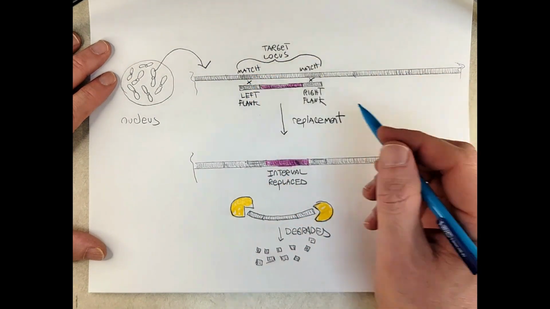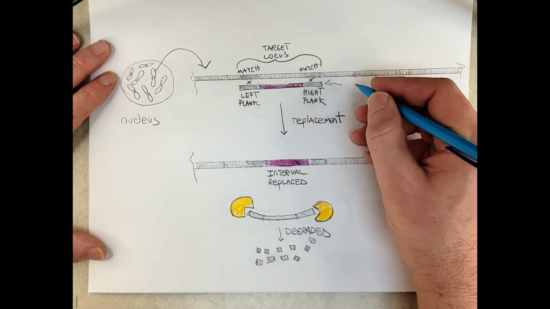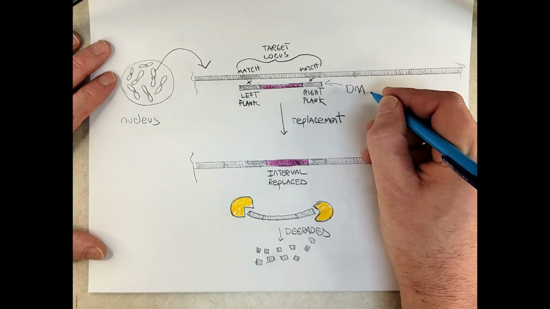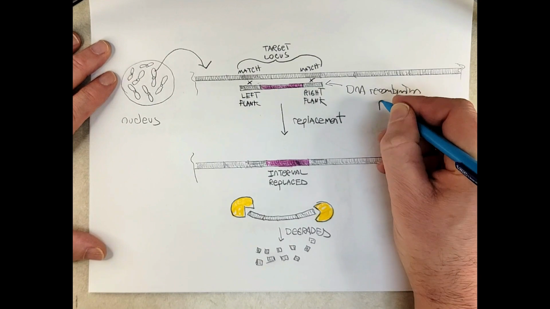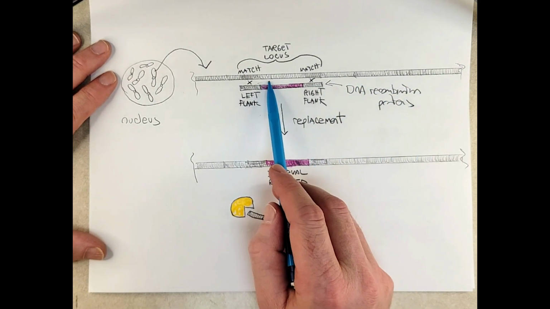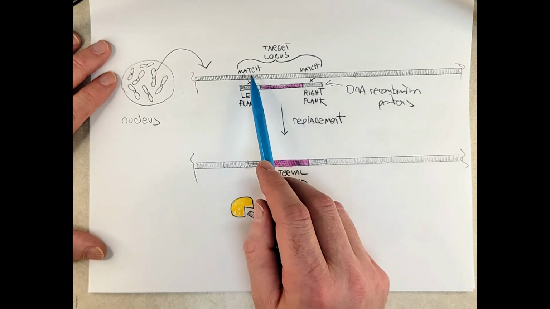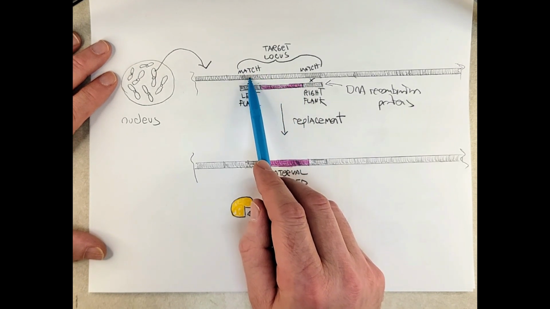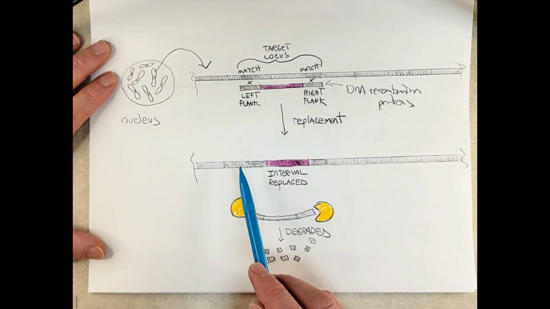This likely involves what we call DNA recombination proteins. These proteins mediate the exchange of DNA because the left flank here matches this sequence here, and the right flank here matches this sequence here.